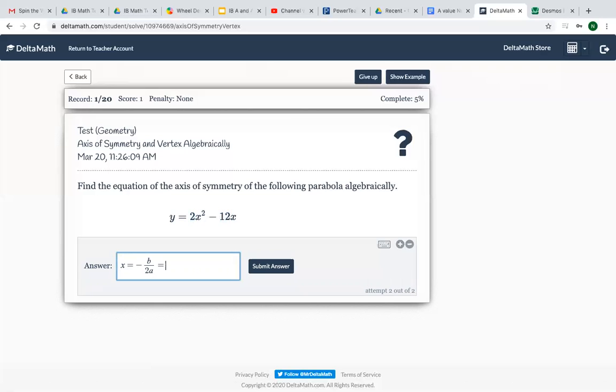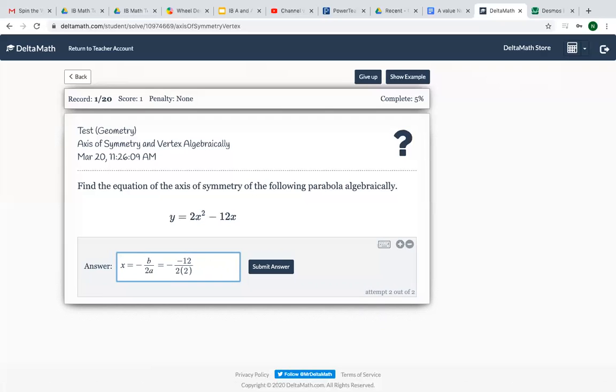So in this case, if I were to plug it in, I would have negative 12 divided by 2 times 2. This is harder to do here than on the whiteboard. Can you show me how to do it on the? Yes, just one second, Najee.